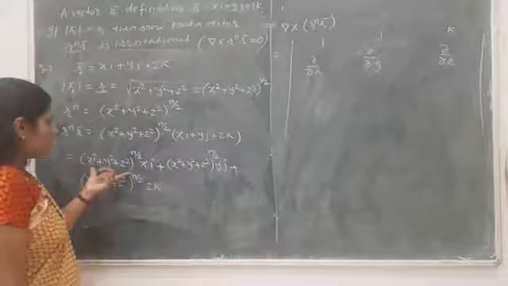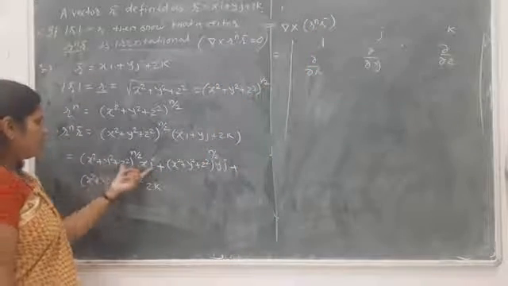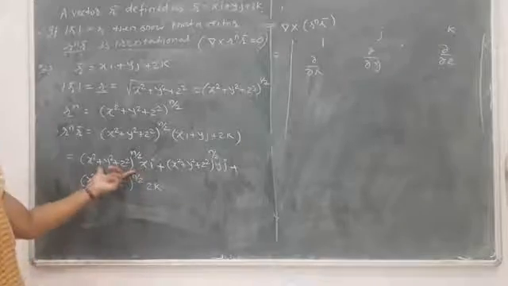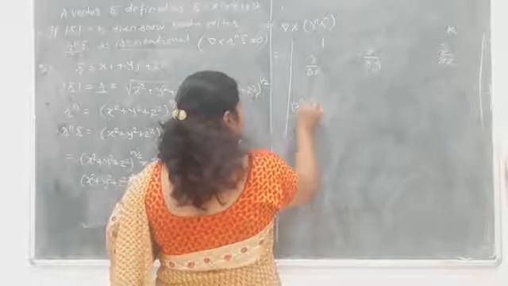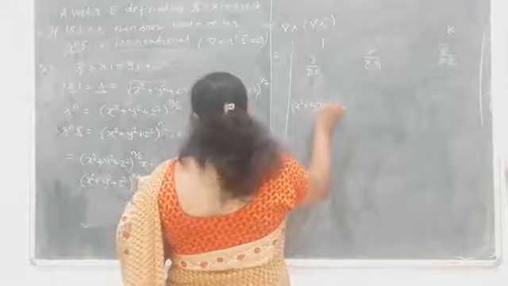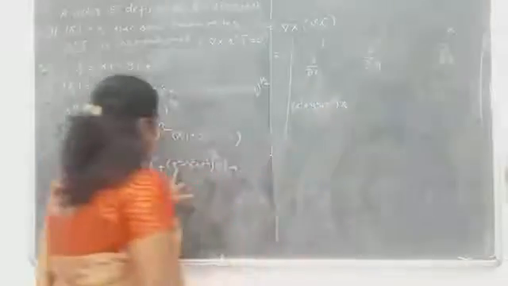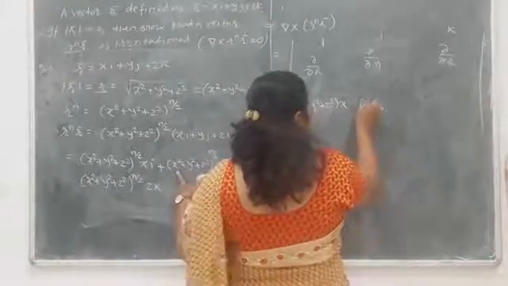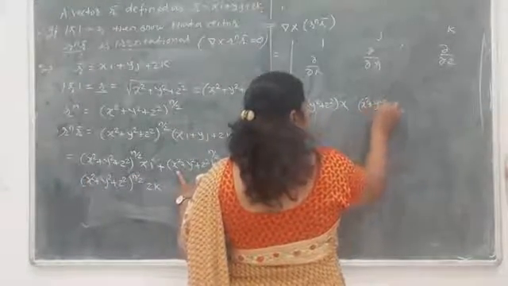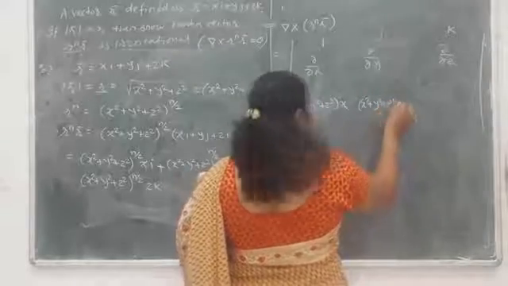So here for the first vector i, the coefficient is x square plus y square plus z square into x. The second, the coefficient of j, is x square plus y square plus z square into y.